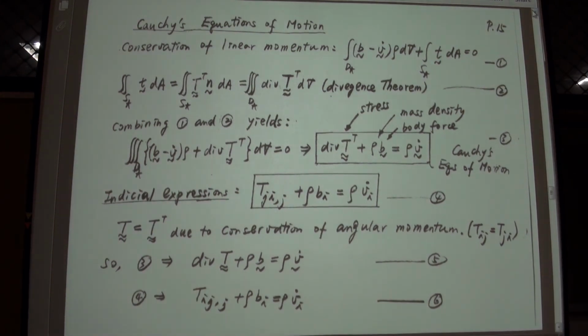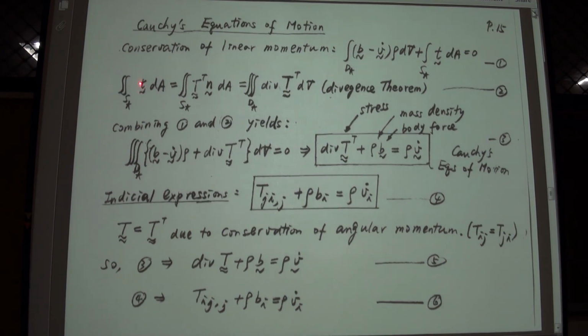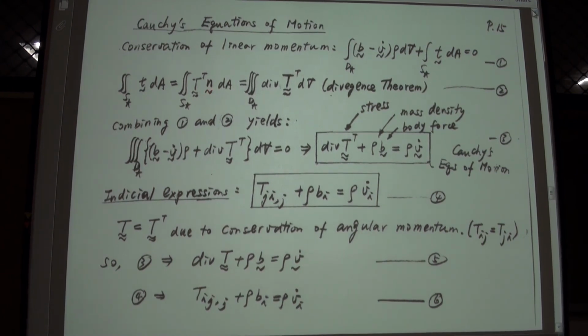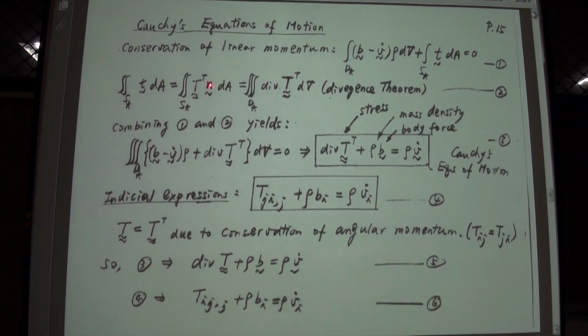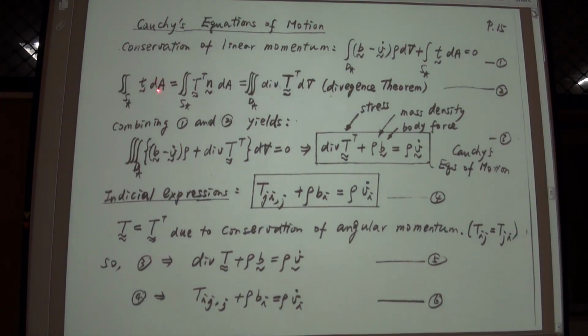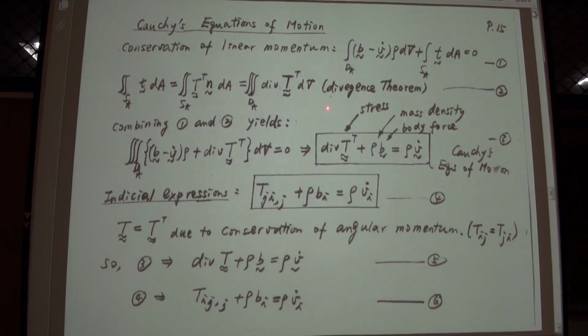Okay, and then now we take this term out here, and then use the Cauchy stress expression. We replace the traction by the Cauchy stress times the normal vector. And now, this is the surface integral. We integrate the traction all over the surface. But we can use the Divergence Theorem in engineering mathematics.